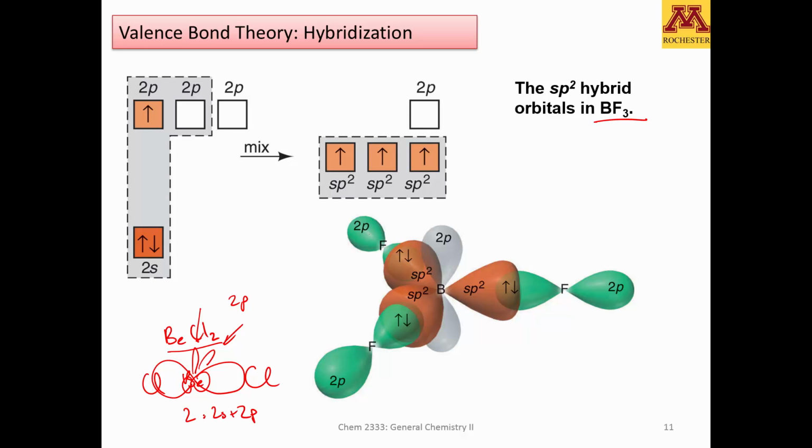Well, boron has only 3 electrons, but it needs to form 3 hybrids, so it will combine 3 atomic orbitals. And remember that you can only get as many hybrids as atomic orbitals you use in the mixture. Therefore, it'll form 3 hybrids, each of them being an sp2.